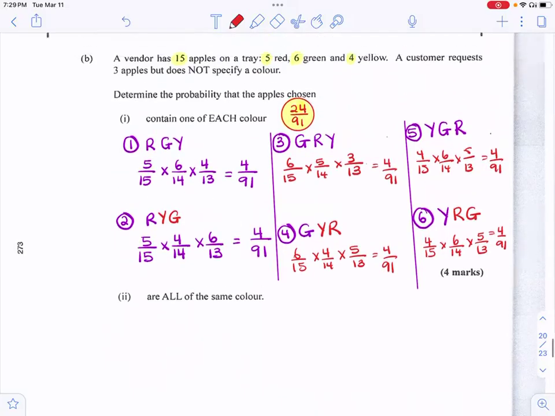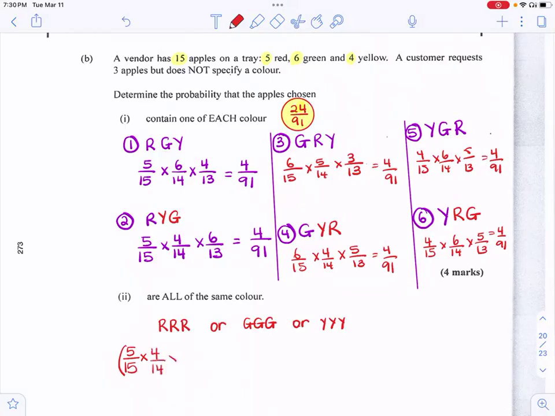So the probability that they are all of the same color. We could have red, red, red, or green, green, green, or yellow, yellow, yellow. So the probability of red would be 5/15 multiplied by how much is that? What's the probability of choosing our next red? 4/14.